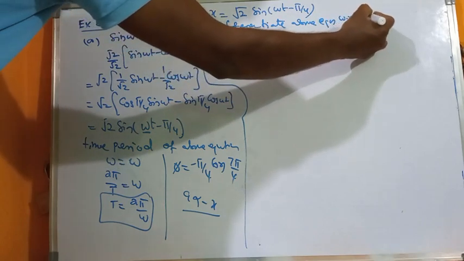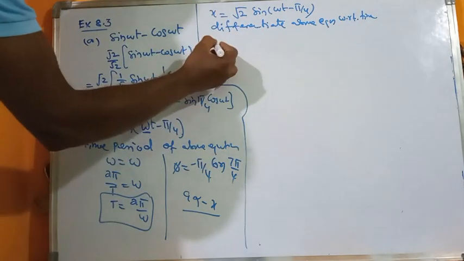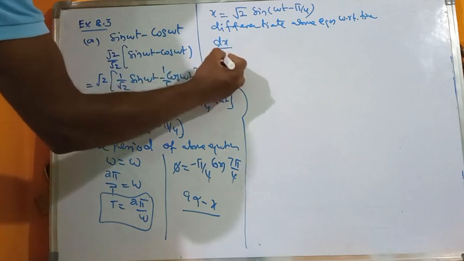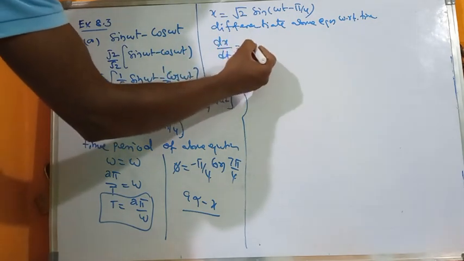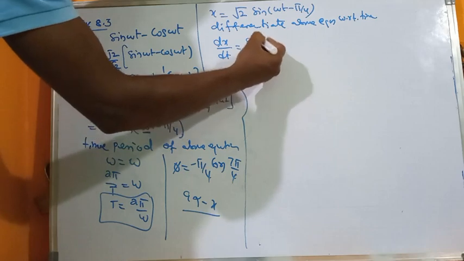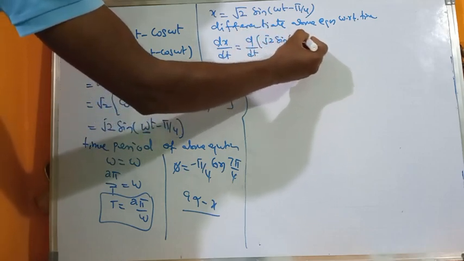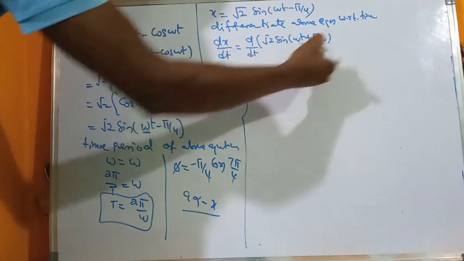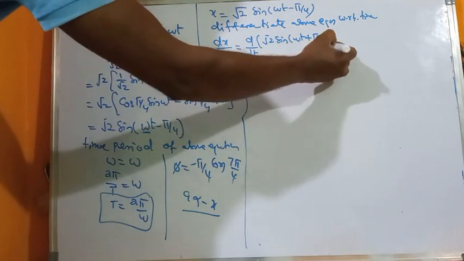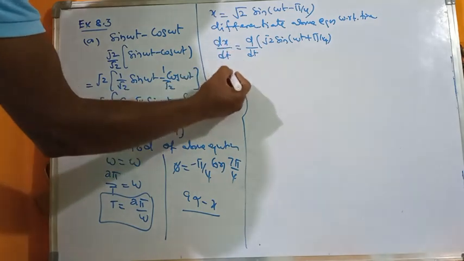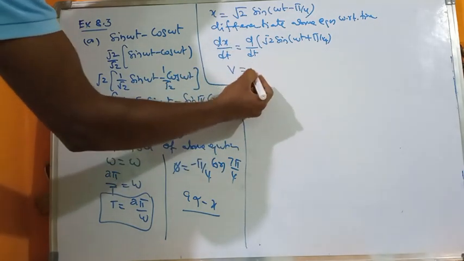with respect to time. Then dx by dt is equal to d by dt of root 2 sine of omega t minus pi by 4. dx by dt is the velocity.